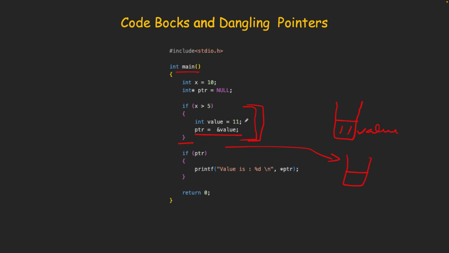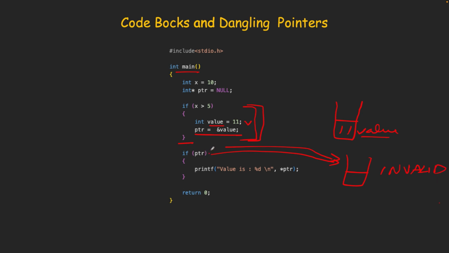In this example, the memory of the variable value will be unwinded from the stack when this block ends. So, the memory to which pointer ptr is pointing will be deallocated.